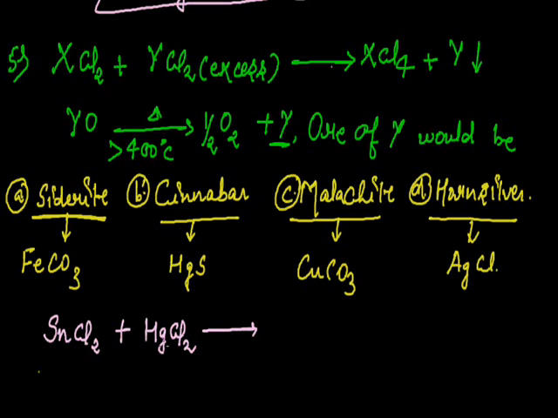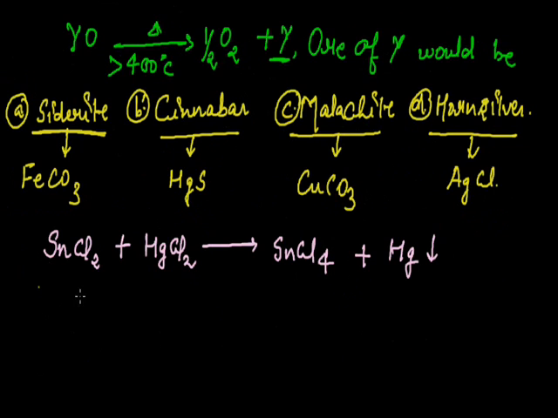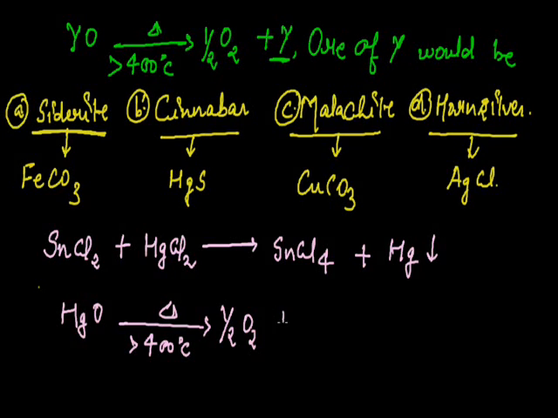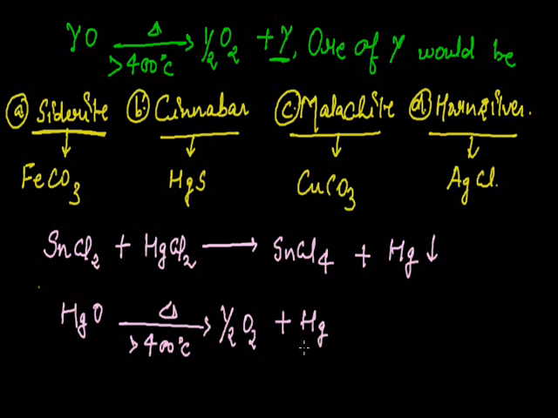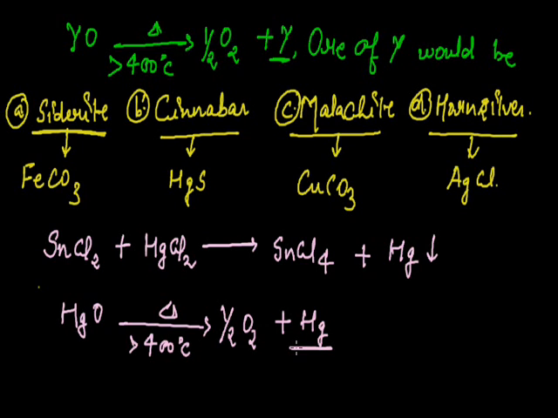Therefore the mercury gets reduced over here and the tin gets oxidized, so it will form SnCl4 plus Hg, that is mercury. Now this mercury oxide, that is HgO, on heating at a temperature of more than 400 degrees Celsius, forms half O2 plus Hg. Now we have to identify what the ore of Y would be. So the ore of Y would be cinnabar.